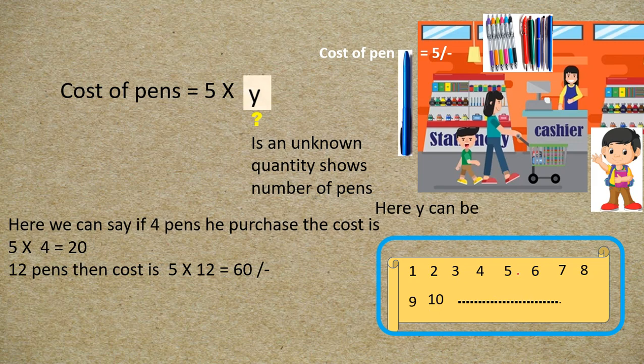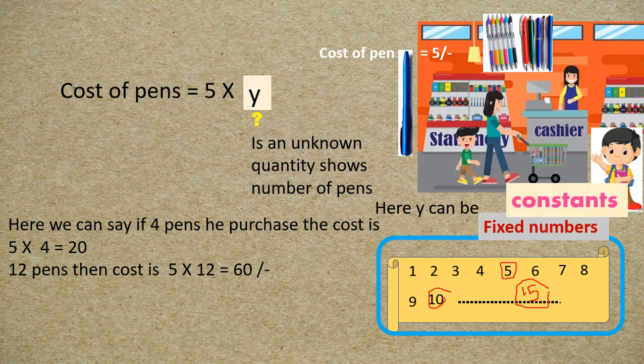If we talk about 5 or 15, all these are numbers, and they are fixed, for example that he wants to buy 15 pens. So the number 15, number 5 and number 10 are all fixed numbers, known as constants.